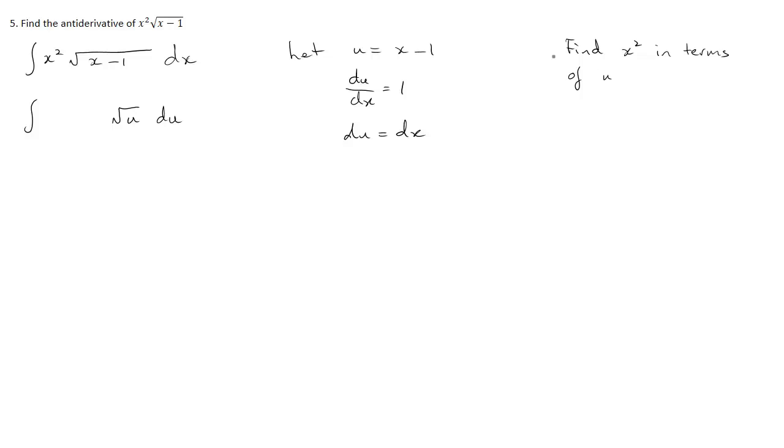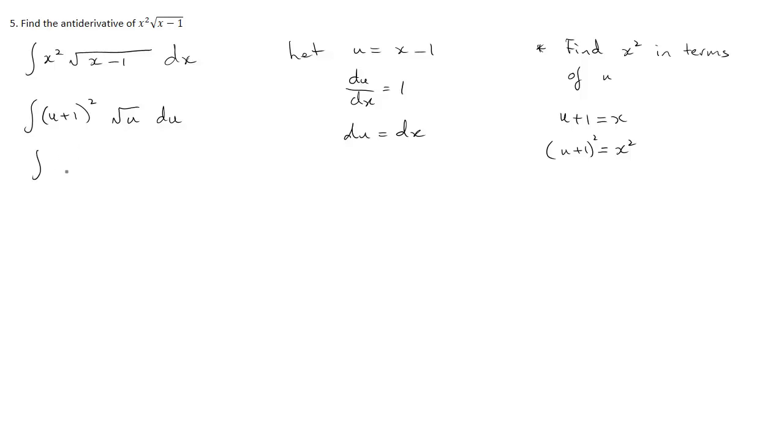So that's our goal. Now, we know that if we rearrange that equation, u plus 1 is equal to x. And if I make that x squared, well, I have to put a squared around all of this. Okay? So I'm going to replace this part with u plus 1 squared.